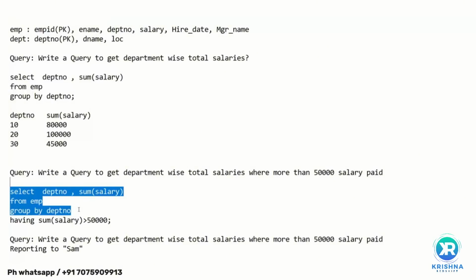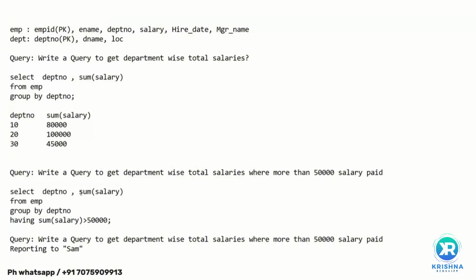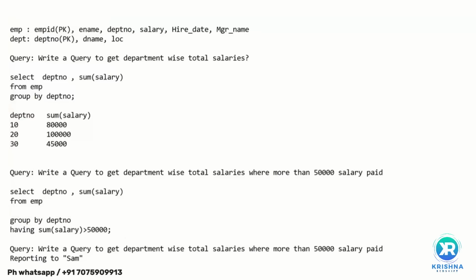But what is our requirement? It's not department wise total salaries. It's those departments which are paying more than 50,000 salary. If a department has 3, 4, or 5 employees, the sum of their salaries should be more than 50,000. So we have to apply a sum of salary greater than 50,000 filter. When I say filter, many people will try to put where sum of salary greater than 50,000.